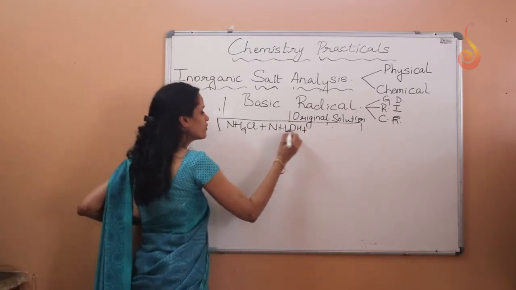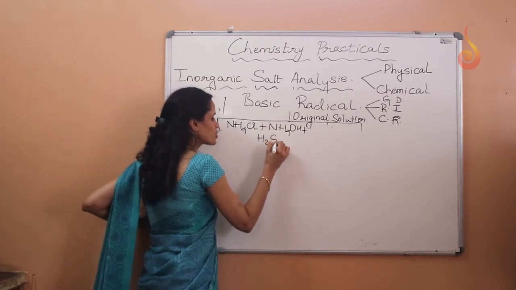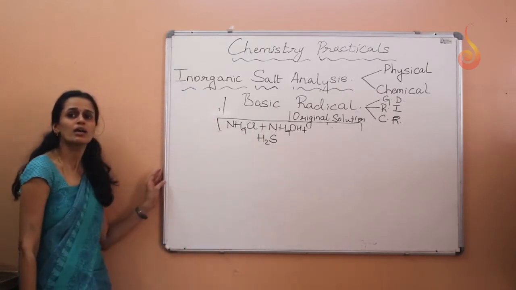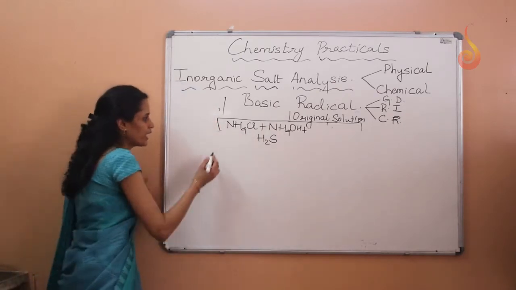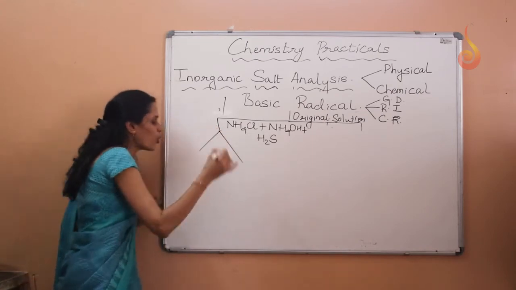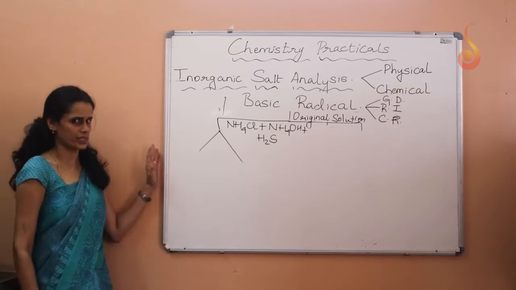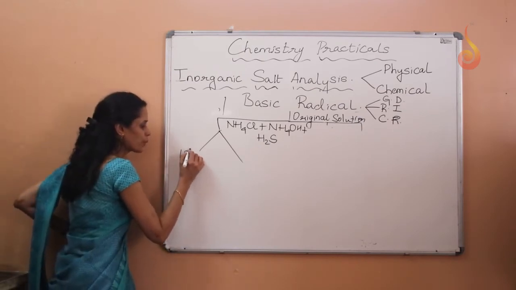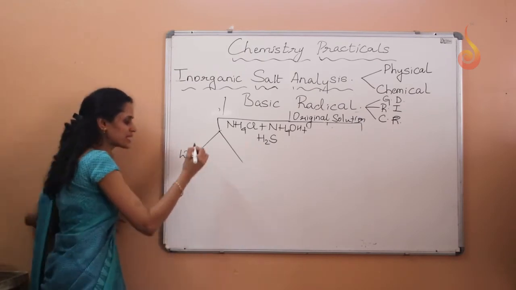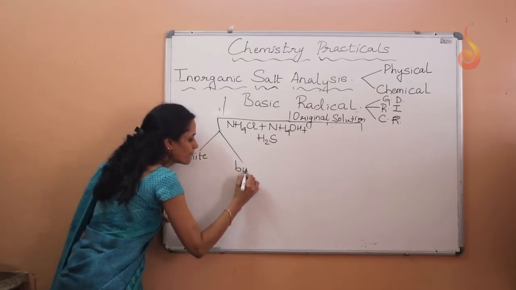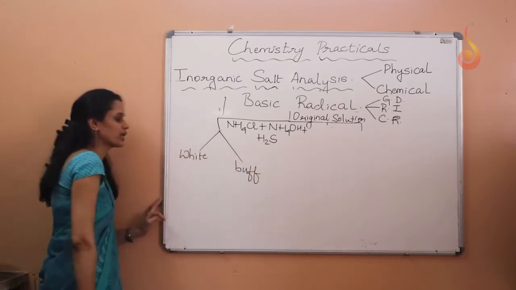To that we will add hydrogen sulfide. Here in fourth group we have two different colored precipitates. Either it can be a white colored precipitate or a buff colored precipitate.